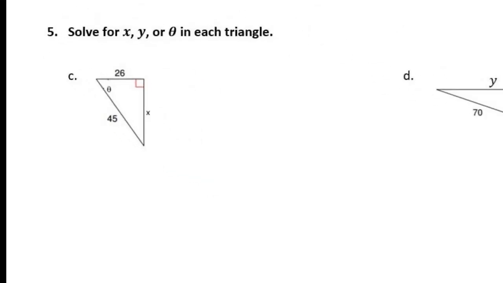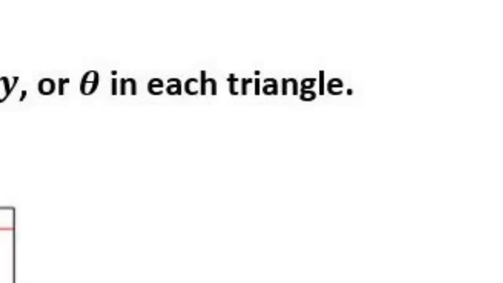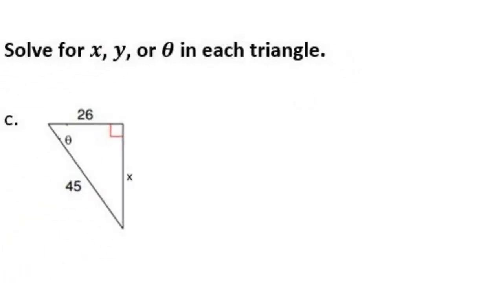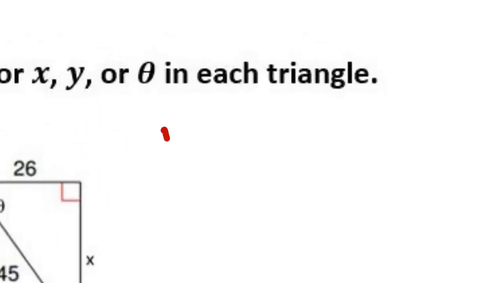How many sides on this triangle do we know? 2. Didn't we learn something at the beginning of this module that lets me find the third side on a triangle when I know the other 2? We do know the other 2. This one is 26 and this one is 45. Hold on.